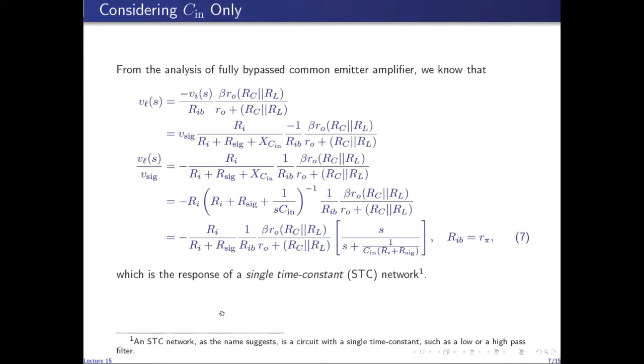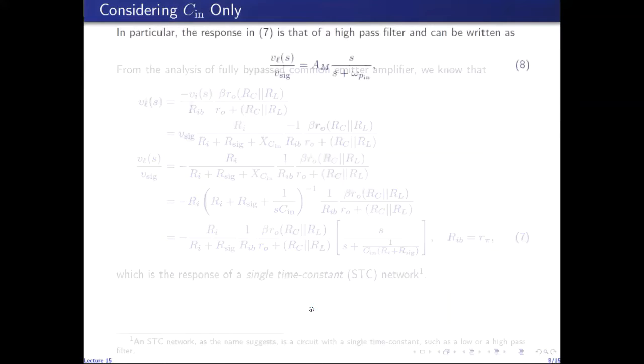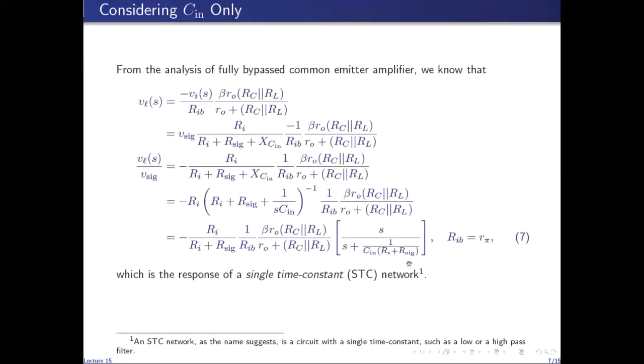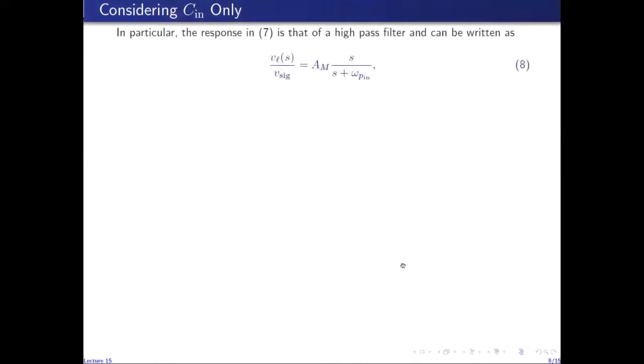A single time constant network or an STC network, as the name suggests, is a circuit which has a single time constant, such as a low pass or a high pass filter. In particular, we see that this is the response of a high pass filter.